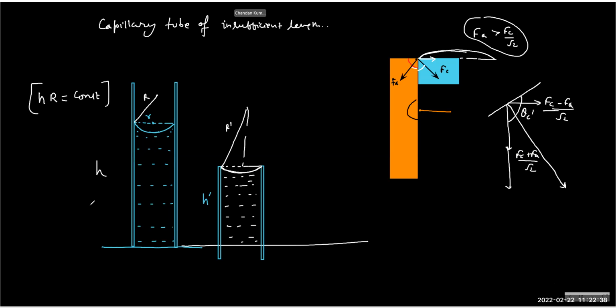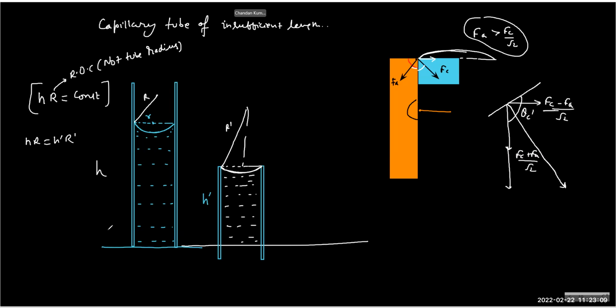In case of insufficient length, the radius of curvature will change in order to keep the liquid intact. So it will never outflow, it will remain there. So h into r. Near the edge or end, there is a modification of curvature.